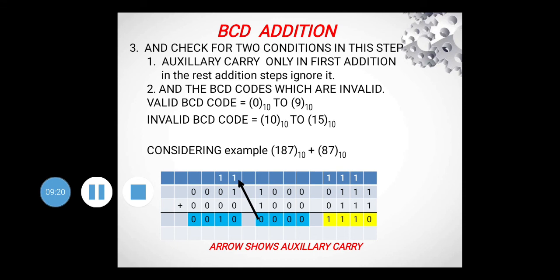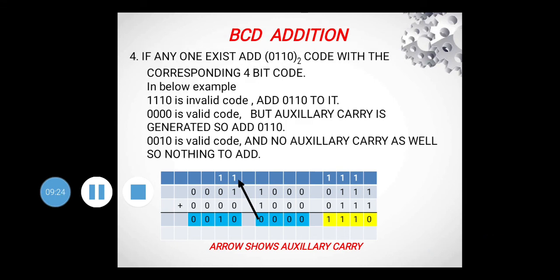This will be very clear in the next slide. After adding that binary number 6, you are going to add that in the next step, that is called step 2.